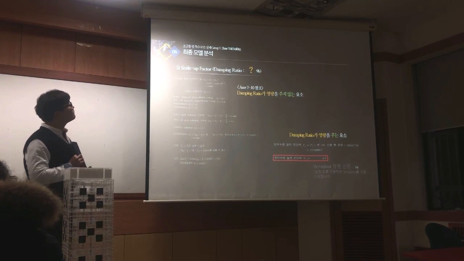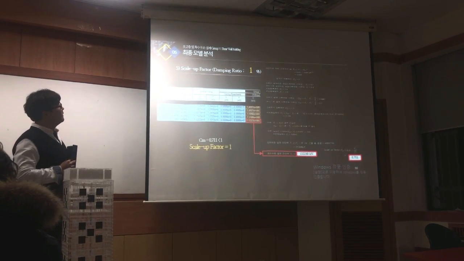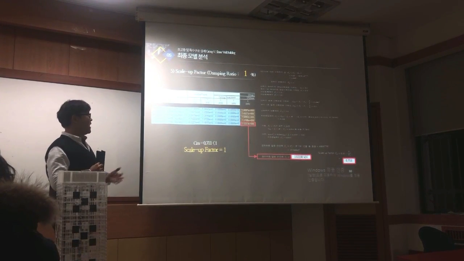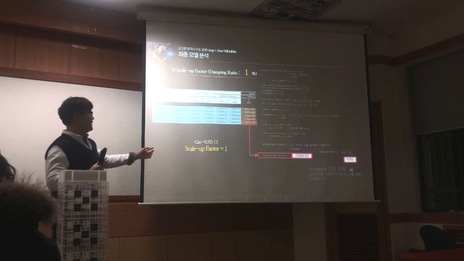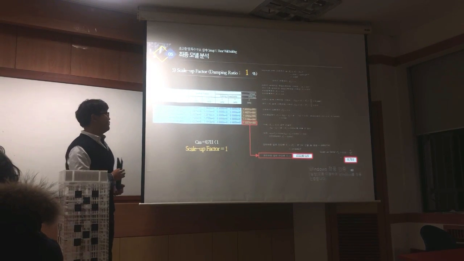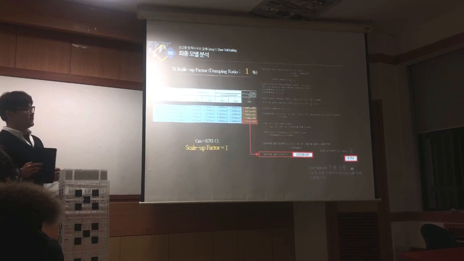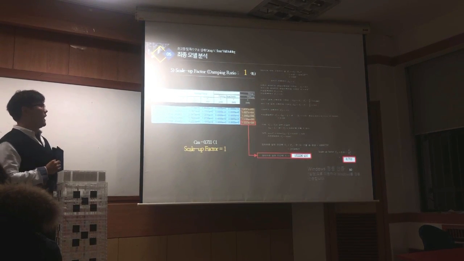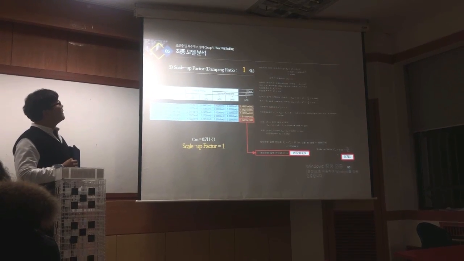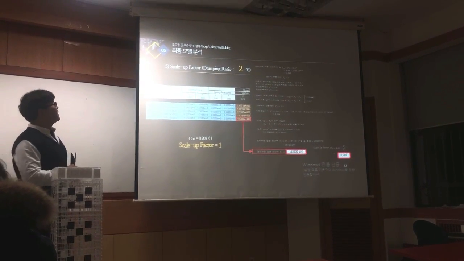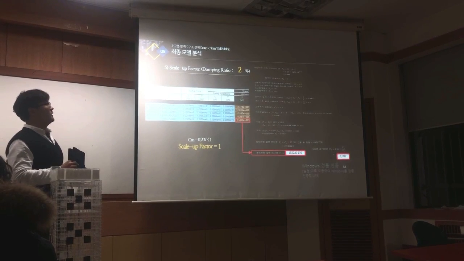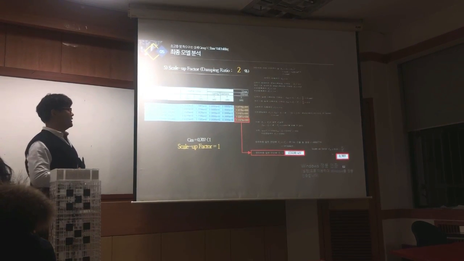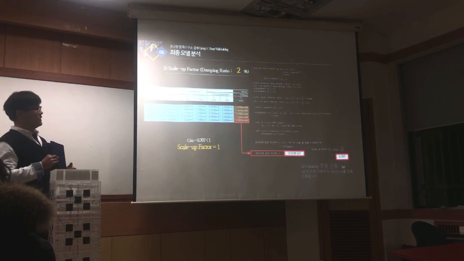So next, please. So in the damping ratio 1%, we've got the scale-up factor 1. Actually, Cm equals 0.711, which is less than 1. Then we just make the scale-up factor as 1. So next, please. And this is damping ratio 2%, and this is what we settled down. And the Cm equals 0.707, which is less than 1.